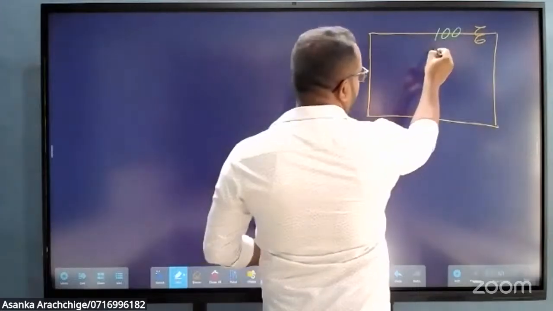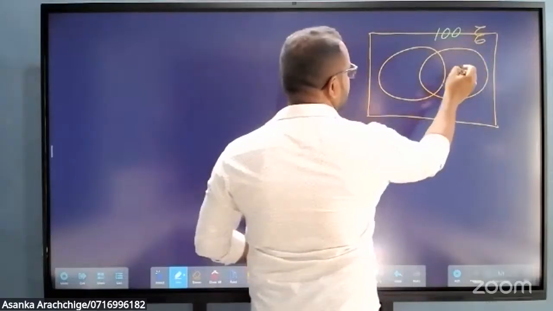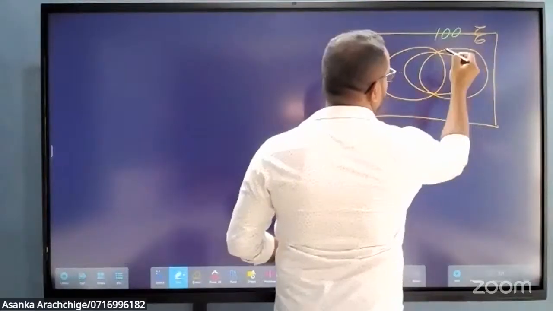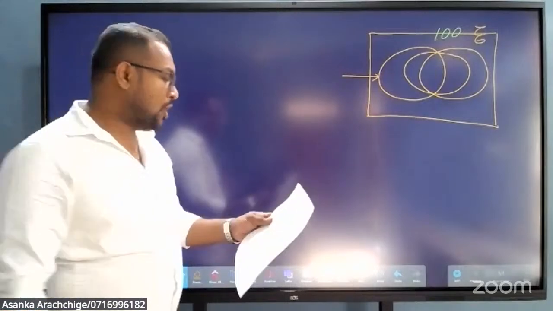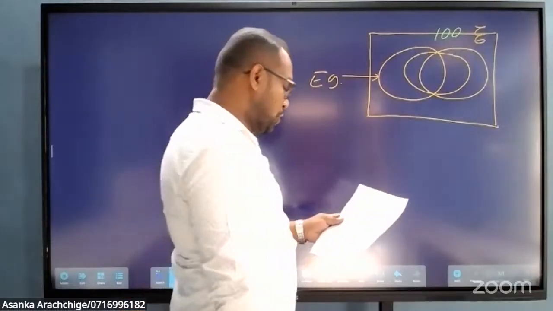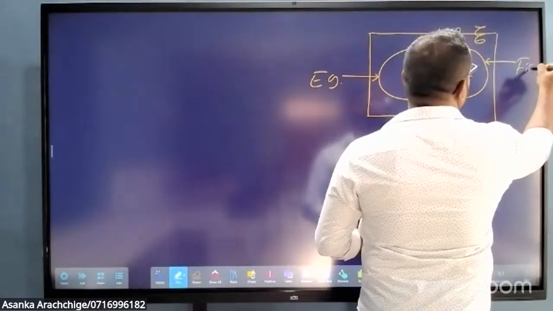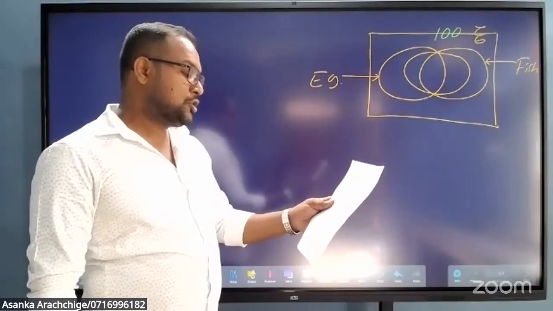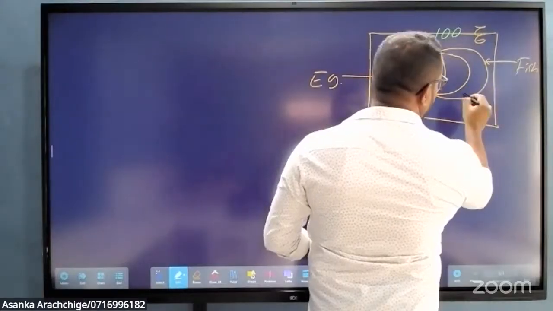Right. In the Venn diagram, you can see there are three sets like this. The third set goes this way. This is those who bought eggs, those who bought fish, and the shaded set, those who bought lentils.